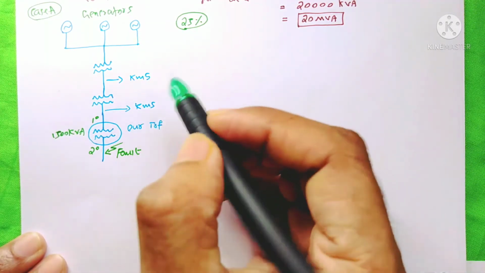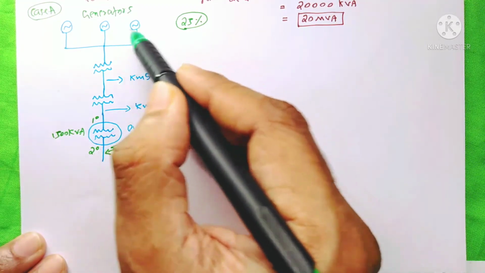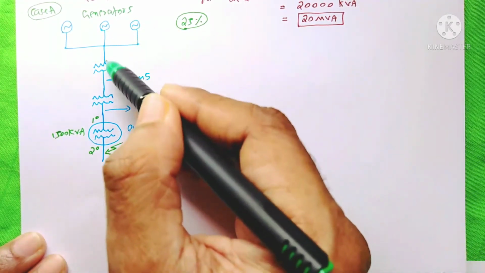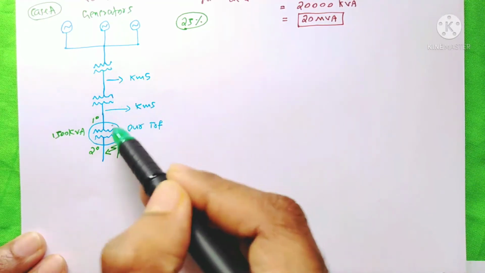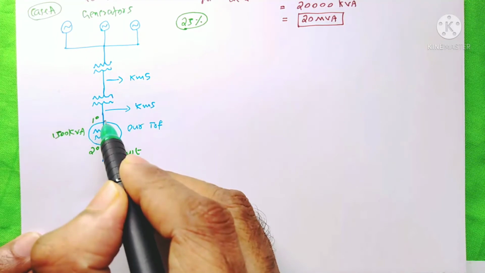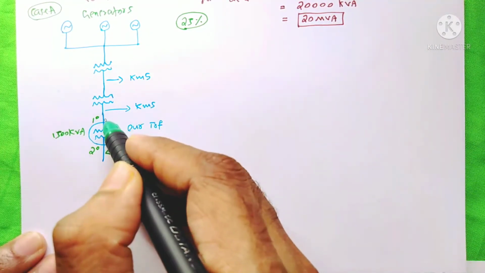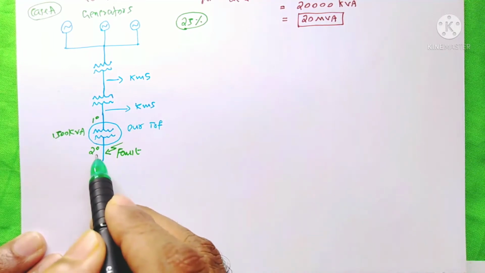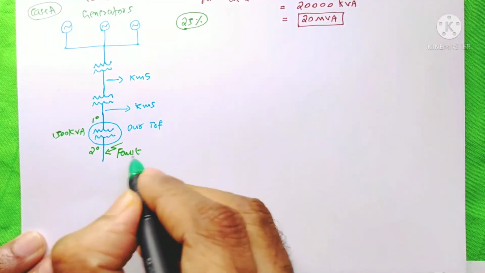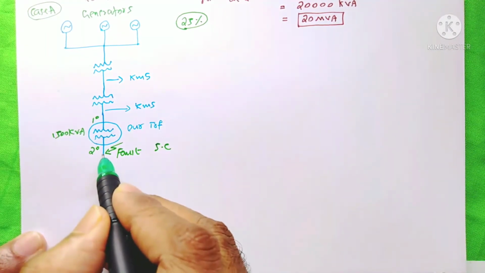So when we calculate the per unit impedances, all the per unit impedances of the generators, transmission lines and transformers will be added on the primary side of our transformer, and that per unit impedance will add to the secondary of the transformer. Then only can we calculate the short circuit current at the secondary of our transformer.